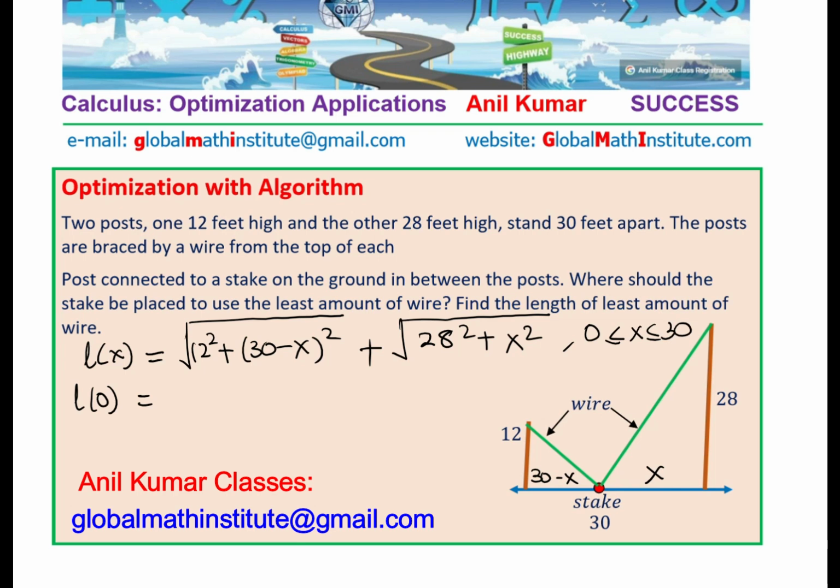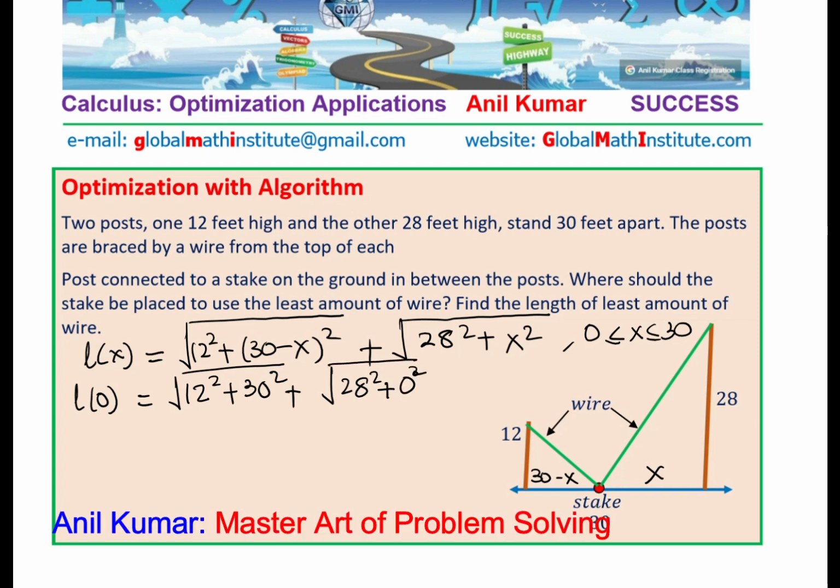Let me write like this, in feet. So when you substitute 0 here, you get square root of 12 square plus 30 square plus square root of 28 square plus 0 square, right? Correct. Now if I substitute 30, in that case we get square root of 12 square, which is 12, plus square root of 28 square plus 30 square.